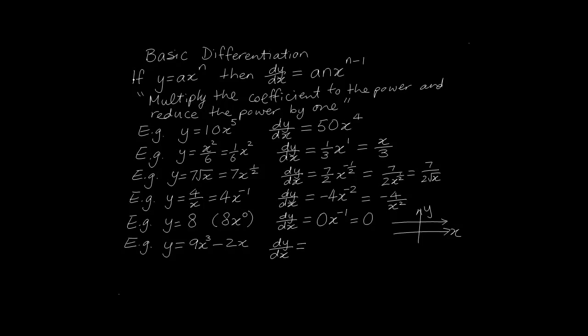So the first one, I would multiply the 9 and the 3, giving me 27, and then x squared. And then the second one, I'm thinking of the x as x to the power of 1. Okay, so I've got negative 2 times 1 giving me negative 2, and then x to the power of 0, isn't it? Which means it's actually 27 x squared and then minus 2, because x to the power of 0 will give me 1.